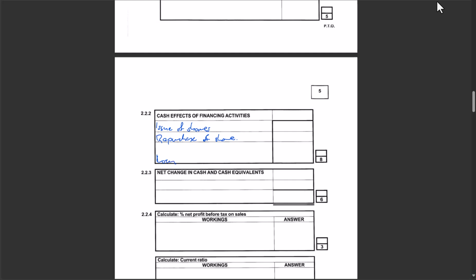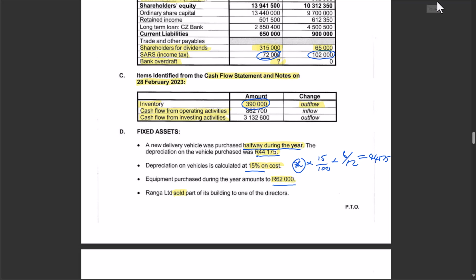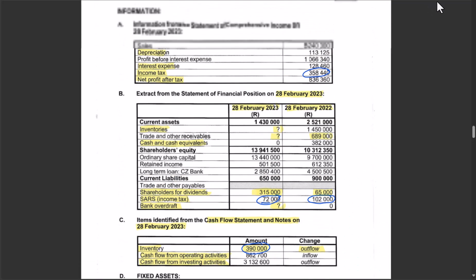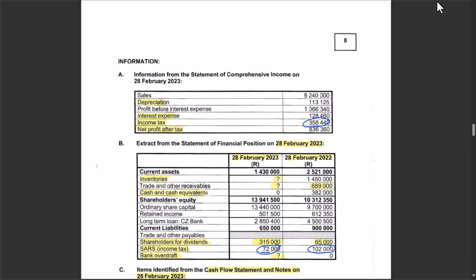I'll show you where I get all this. Issue of shares, we just put this figure down. So the repurchase of shares, that's a straightforward one.